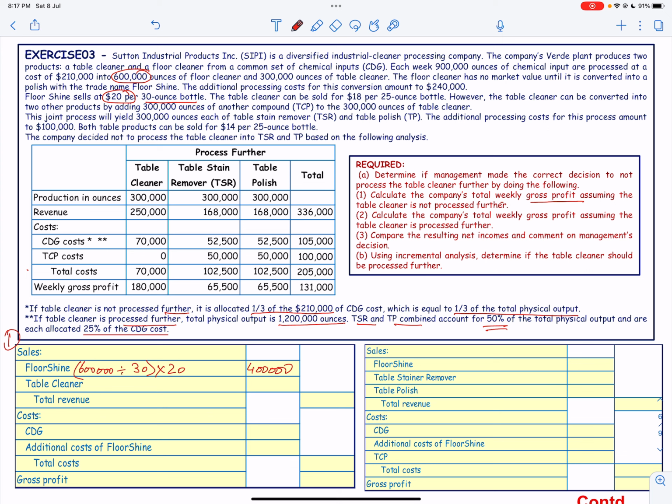For table cleaner, they have 300,000 ounces of table cleaner, and again each bottle is 30 ounces.